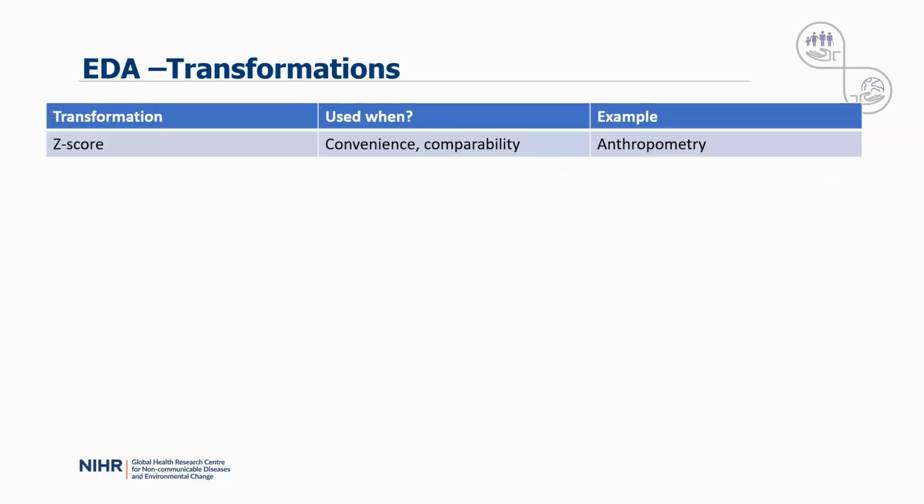This is a transformation that is used primarily for convenience and comparability, which means that in your regression equation, let's say you have CD4 counts as one of your exposure variables, which we know can have very small values starting from, let's say, 100 and 150, and then going on to 10 to the power 7 digits.